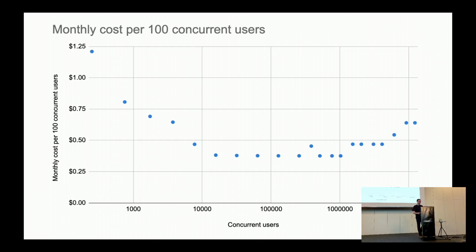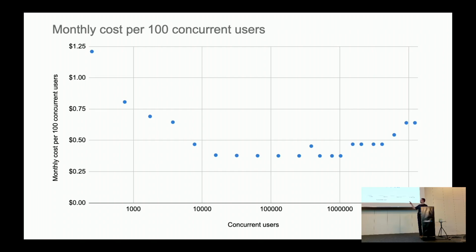And the end result is that it's a little bit cheaper and more expensive on the edges, but in the sweet spot in the middle, for 50 cents per month you can have 100 concurrent users, which means that if you got 10,000 concurrent users, then that's $50 per month, which is still nothing compared to what it costs to have a developer.